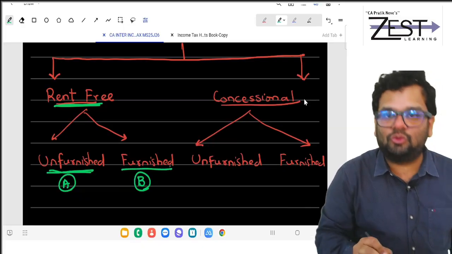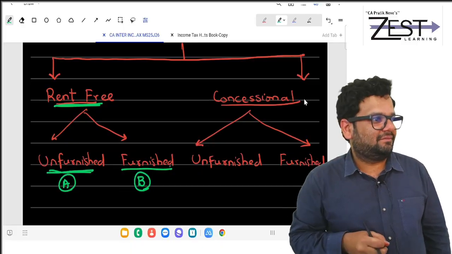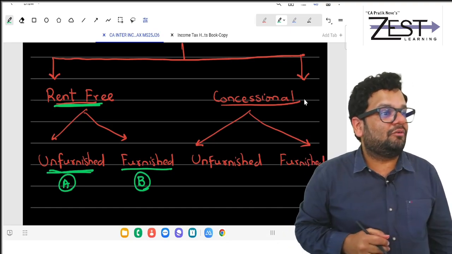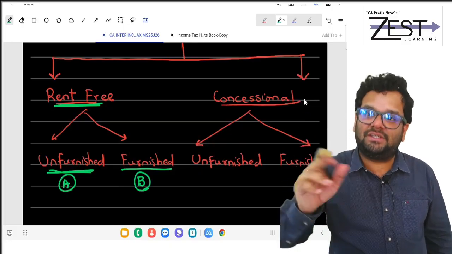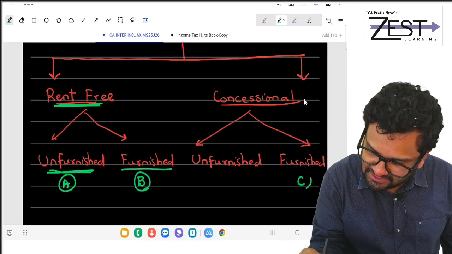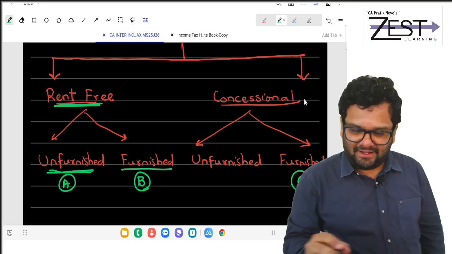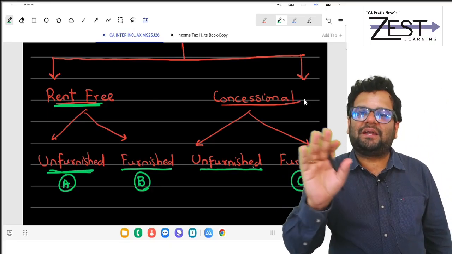Or you might have to do, if rent is recovered, a small amount, and the house is furnished, then you will have to do valuation of concessional furnished. I am going to call this as C. And this I will tell you, because I am following one pattern.